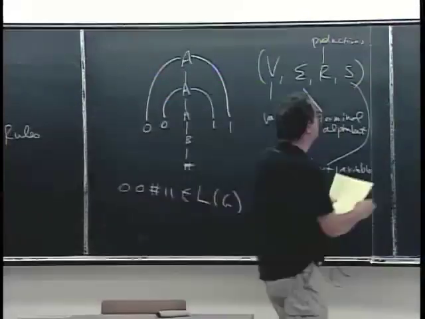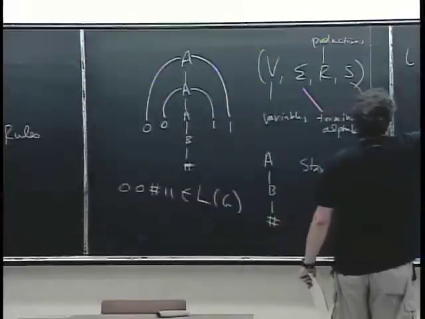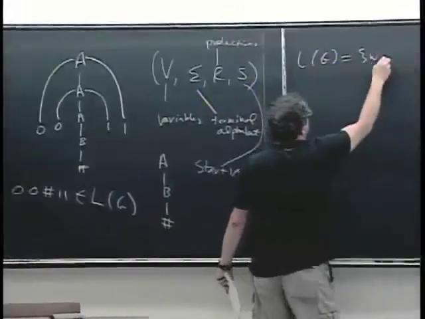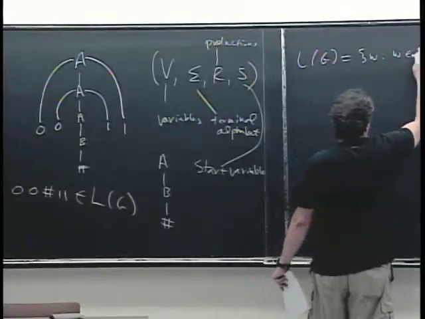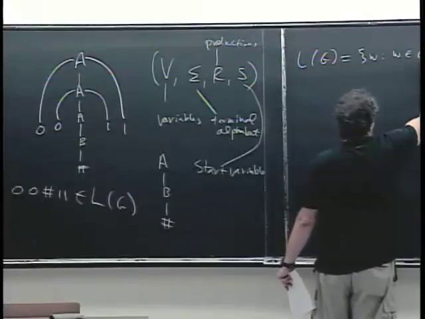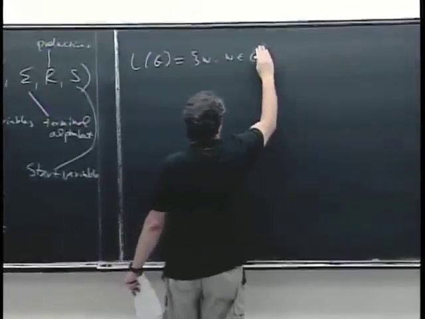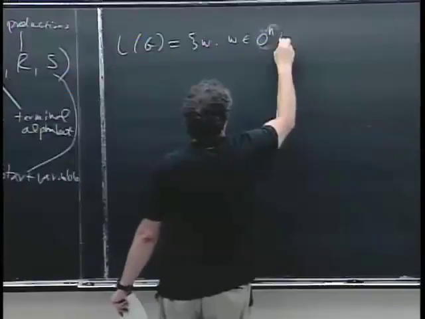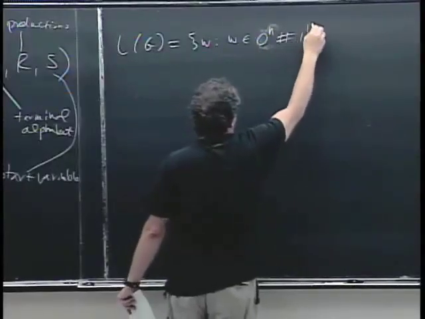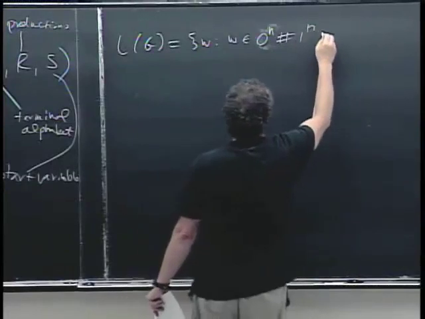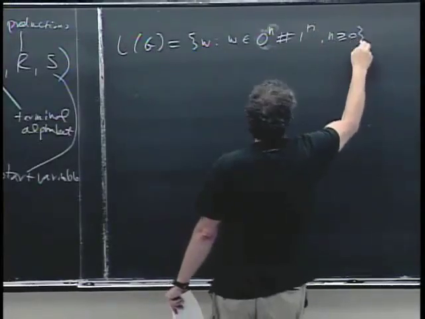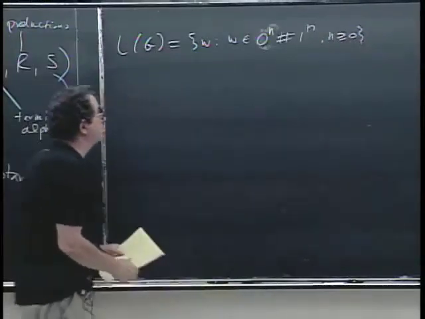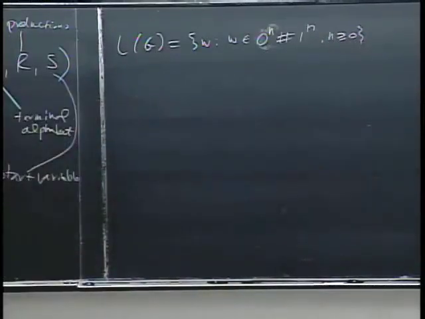So L of G is equal to the language of W, where W is some number of zeros, actually, make it n, followed by a hash, followed by 1 to the n, and n is greater than or equal to 0. Okay? So that's the language that this grammar generates.